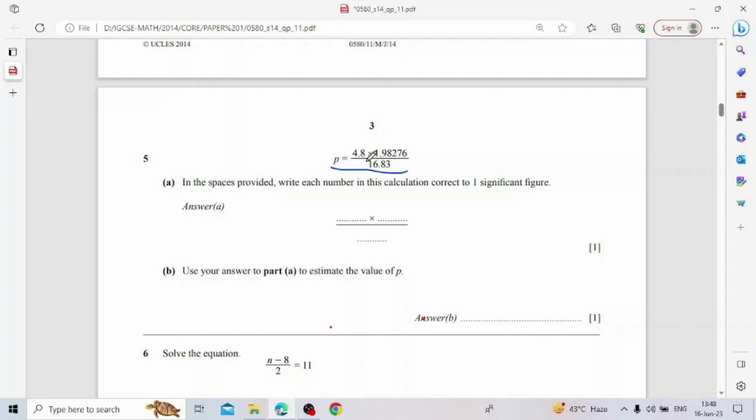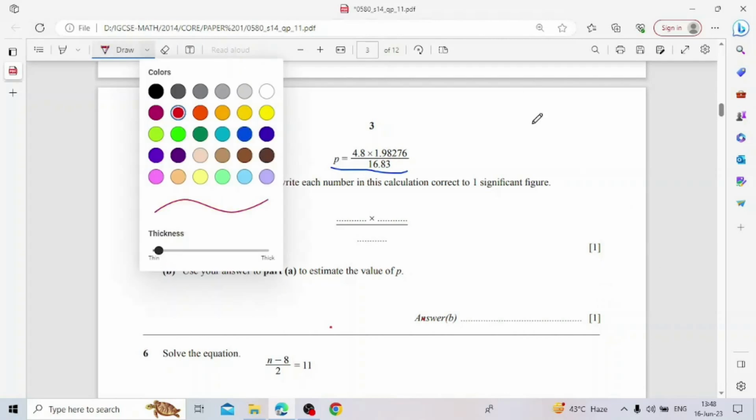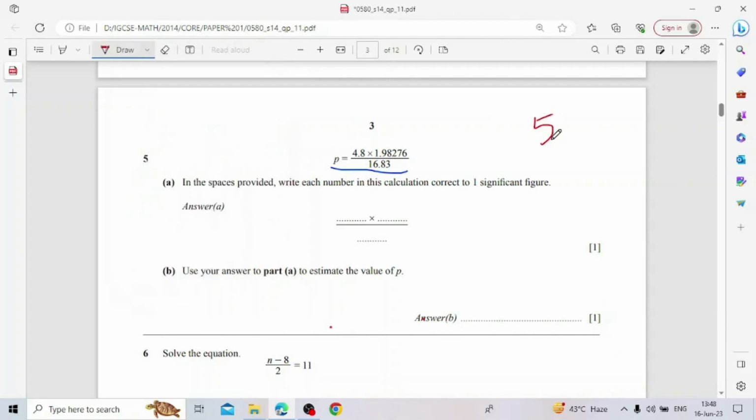Fine. So here, how do we get that significant number? We have a rule. There is always a number 5 as a bar: whether the decimal digit is more than 5 or less than 5.